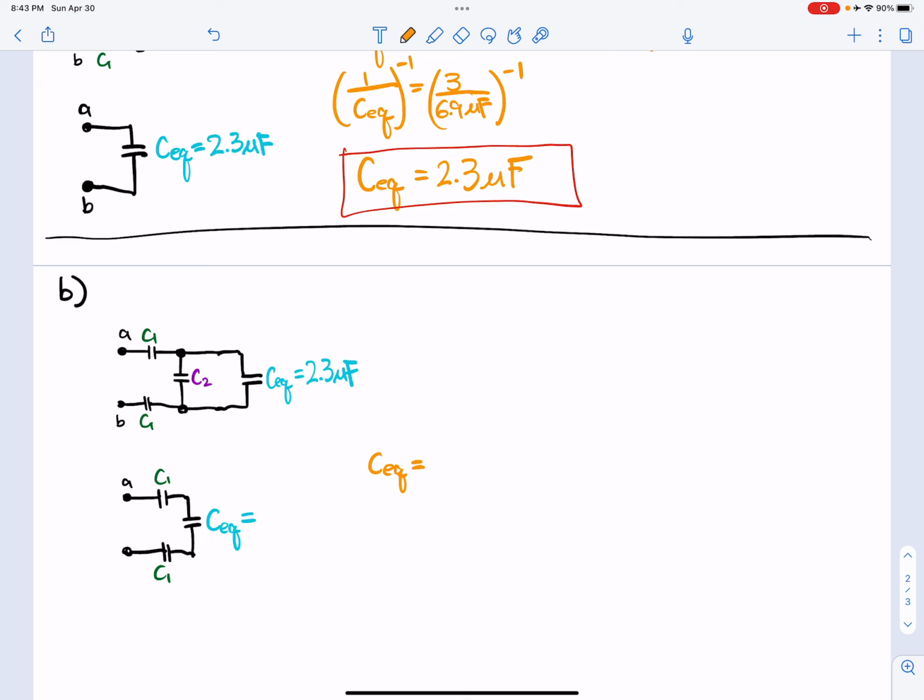So that's going to be C2 plus 2.3 microfarads, which is equal to 4.6 microfarads plus 2.3 microfarads. So that's equal to 6.9 microfarads, right?